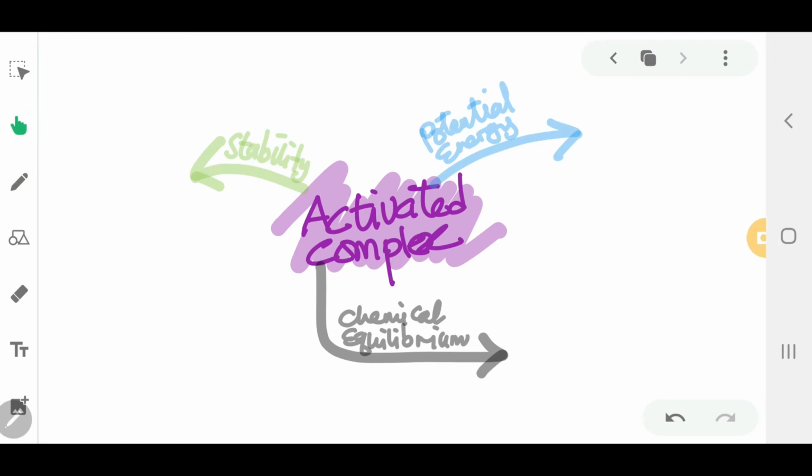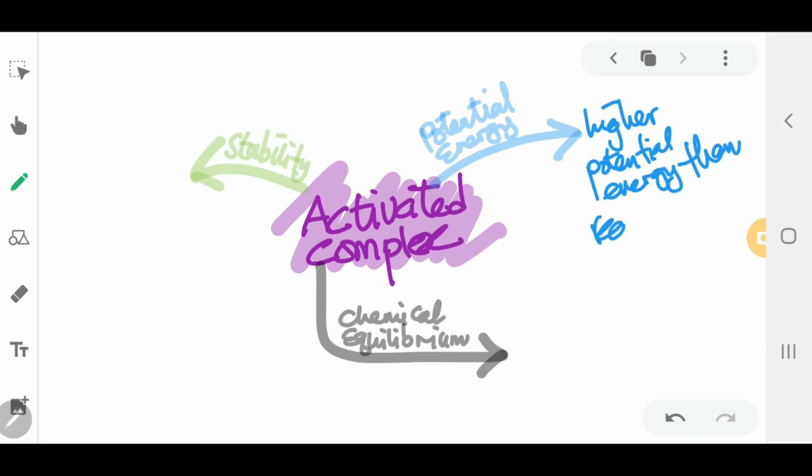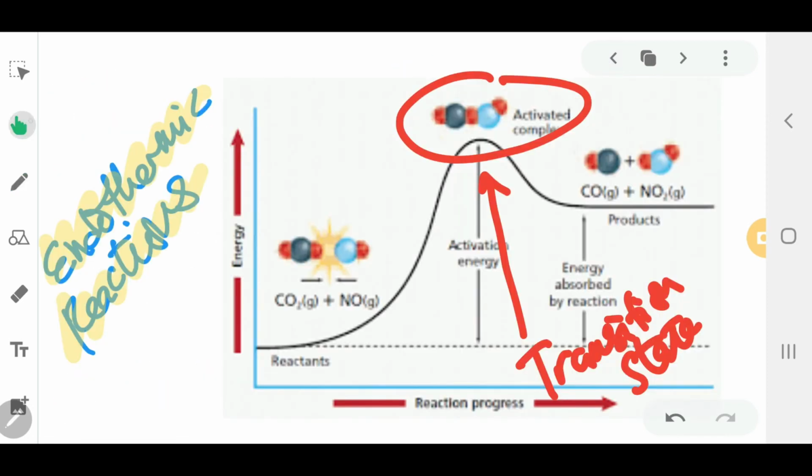The activated complex will have higher potential energy than the reactants and the products, and that is shown right here.